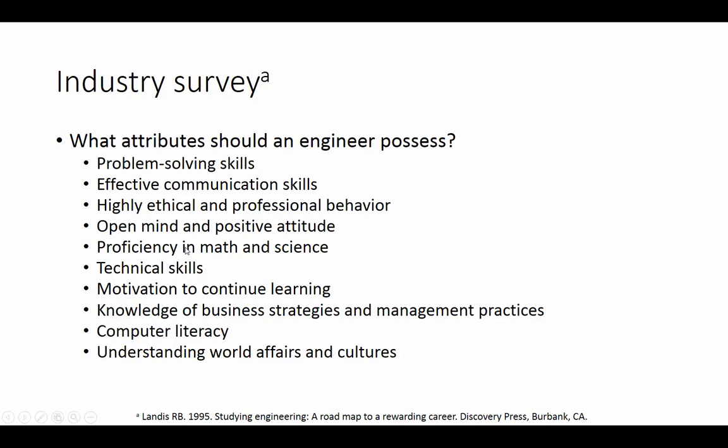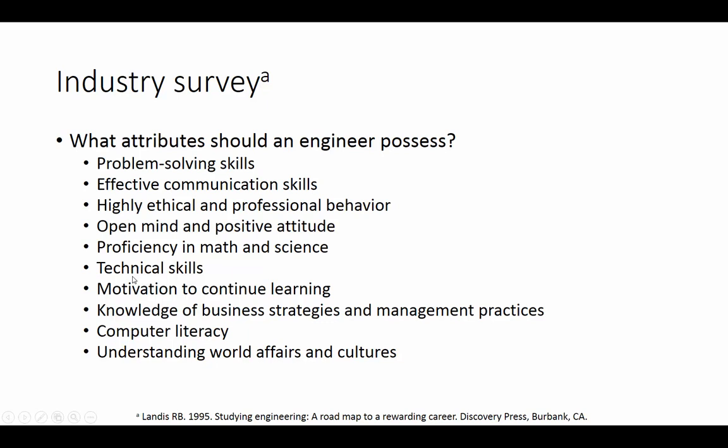Engineers should be proficient in math and science. You may think, obviously, that's why we're doing the curriculum we're doing here in bioengineering. And it's true, engineers must be adept in mathematical techniques, and they also must be knowledgeable about science. The burden is on bioengineers to have knowledge of a wide variety of science, especially biology, chemistry, physics, those types of things, because bioengineering is such a wide umbrella.